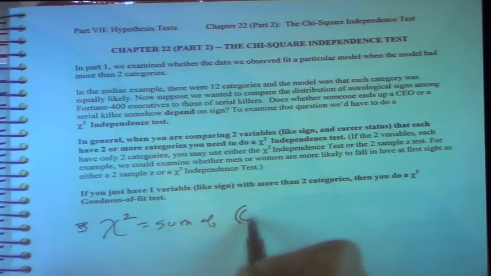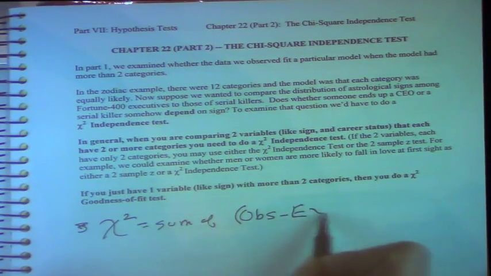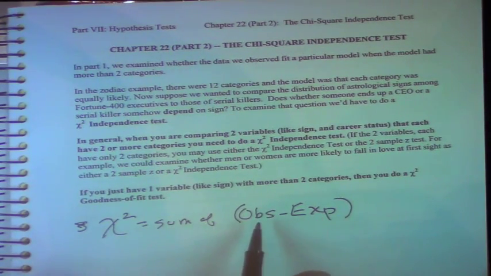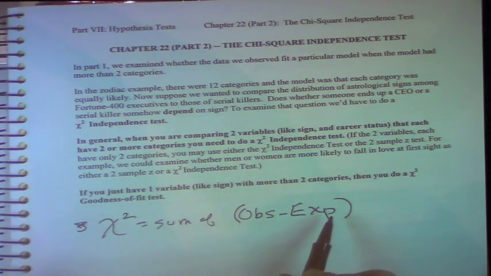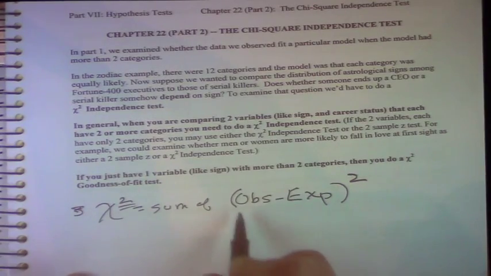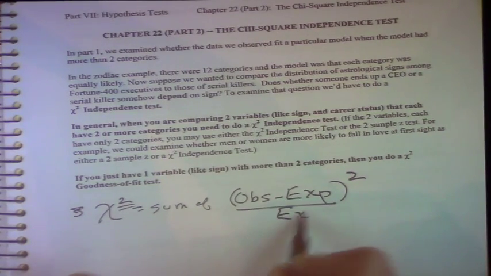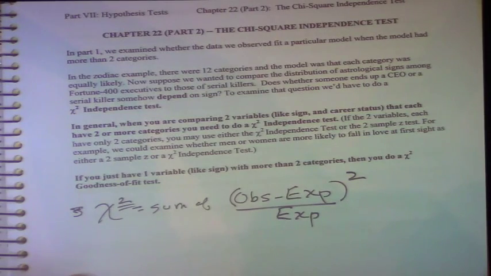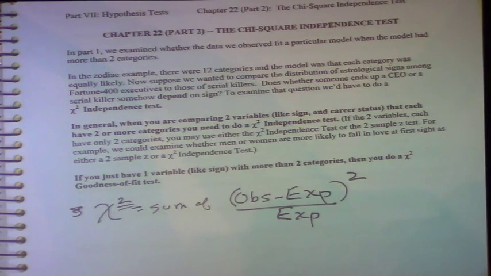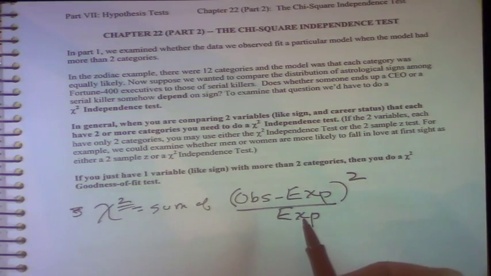It was the observed minus the expected under the null, what you observe compared to what you'd expect, squared, divided by the expected, which normalizes it, and it's the sum of that. The sum of the observed minus the expected, squared, over the expected. And it's a series of curves depending on the degrees of freedom. That's what we did last time, and it was called the chi-square goodness of fit test.